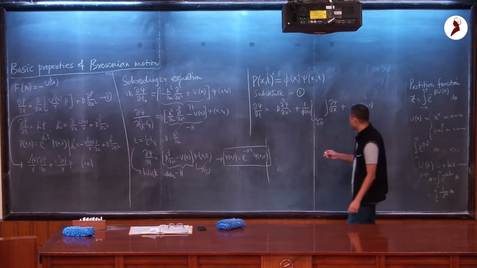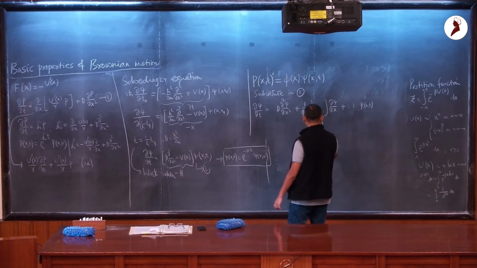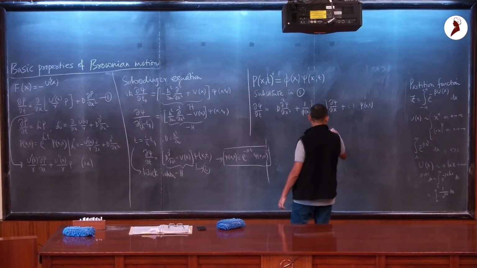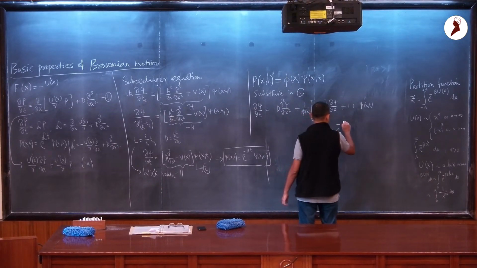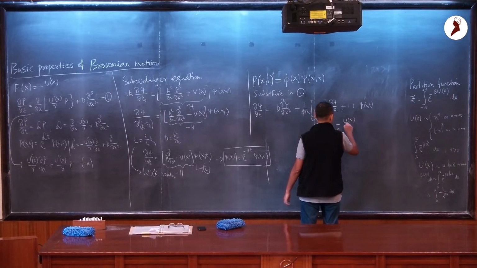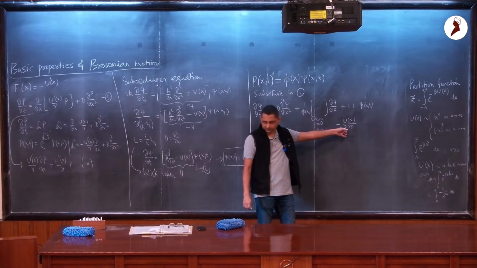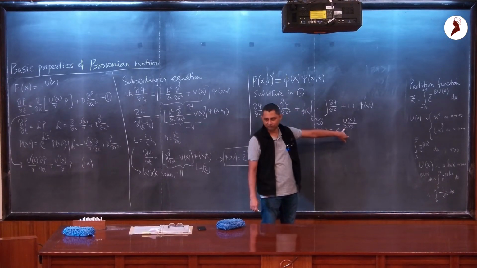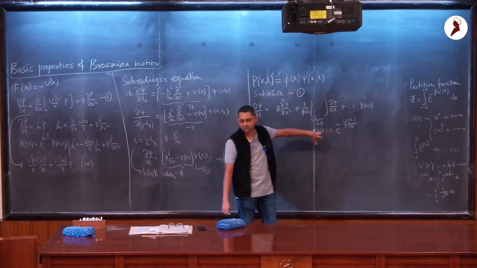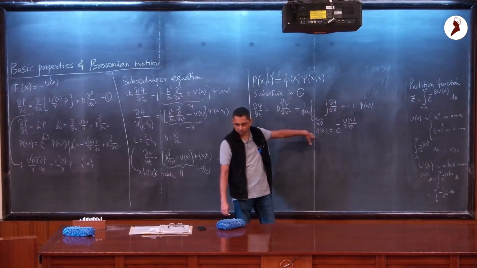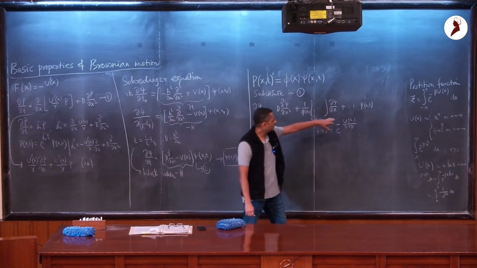This gives me phi of x equal to exponential of minus u of x by 2 gamma d. It almost looks like the Boltzmann distribution, but with a factor of half. And then you will get this term.